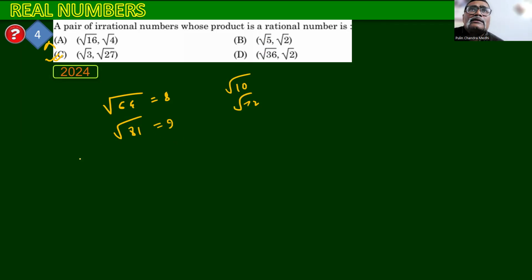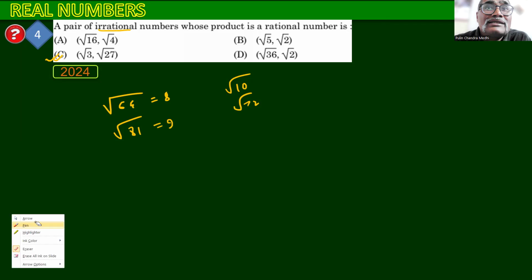So there is a mistake in the problem because there are two numbers, right? Find a pair of irrational numbers. Oh, yes. See, it was deceptive. I was doing it in a hurried manner. This will not be the option. Why? Because they are saying one thing that has been omitted.